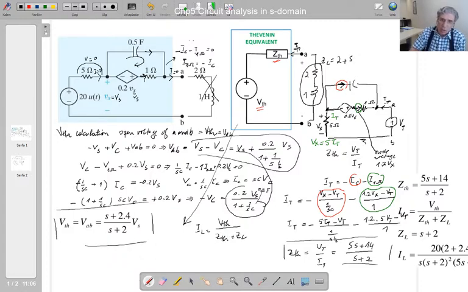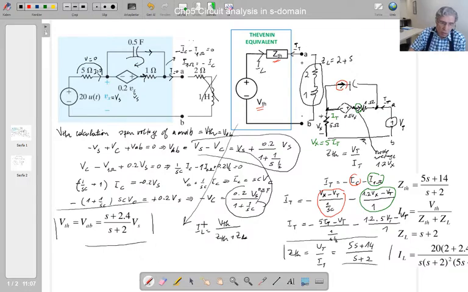ZTH is the impedance that we have already found, and that is the load impedance, this one. Why do I add those two impedances? Because they are connected in series. So this is the equivalent impedance. VTH over the equivalent impedance gives me that current. So that current is also the current of the load, isn't it? Because of this node. So that is IL.